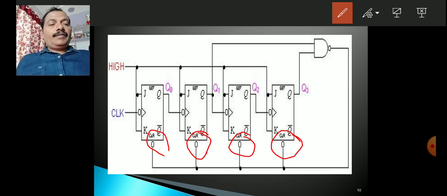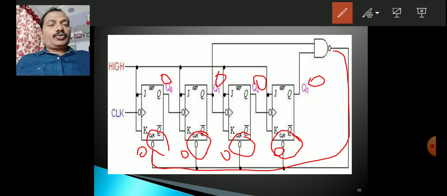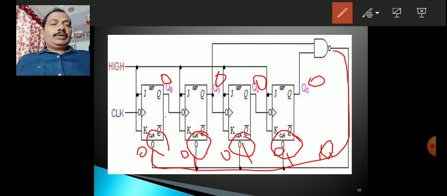That means whenever 0 is applied, the flip-flops are cleared to zeros, so all the outputs are zeros. Whenever the clear input, that is the NAND gate output, is 0, all the flip-flops are automatically cleared to zeros. That you have to remember.